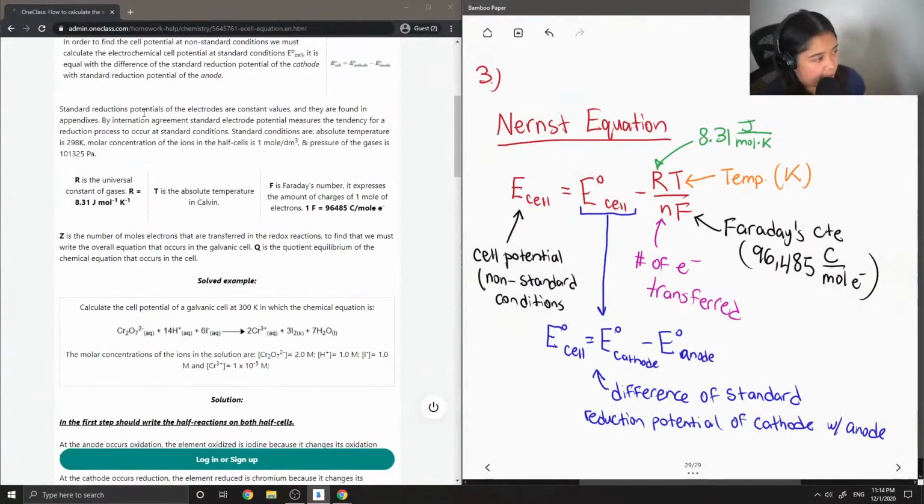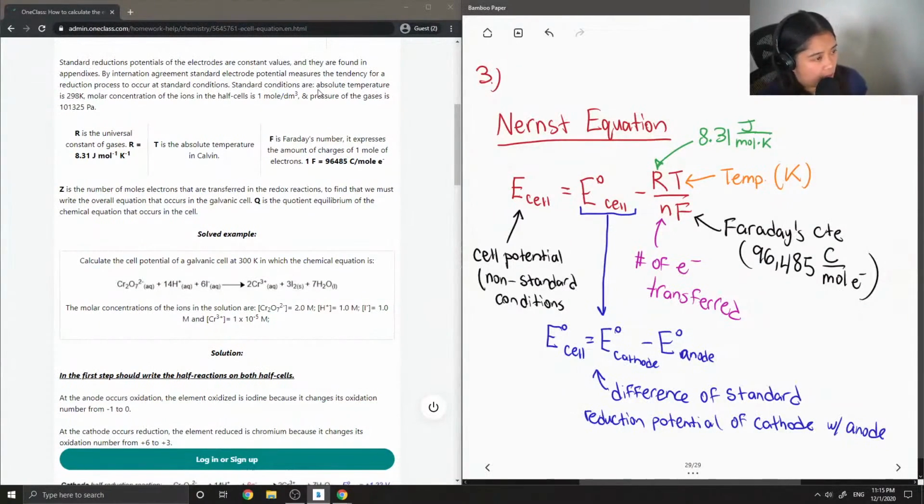Standard reduction potentials of the electrodes are constant values, and they are found in appendices. By international agreement, standard electrode potential measures the tendency for a reduction process to occur at standard conditions.